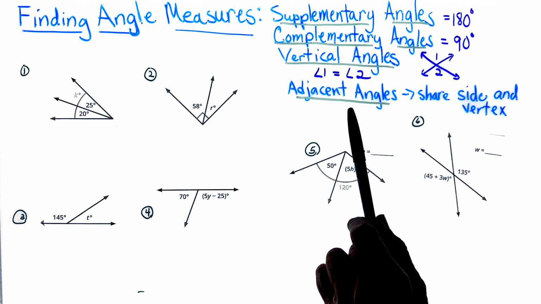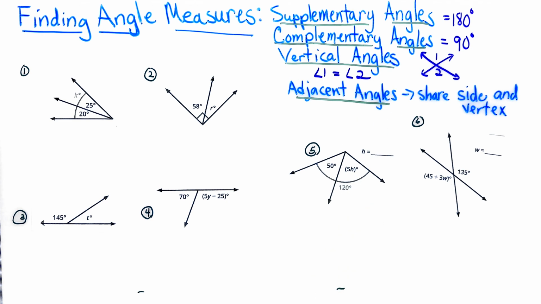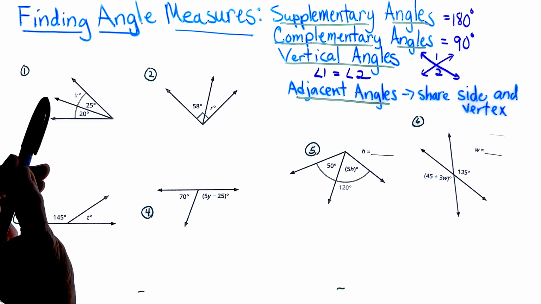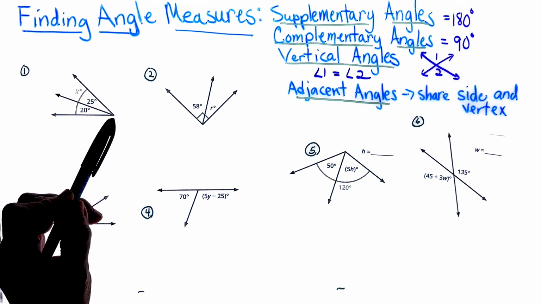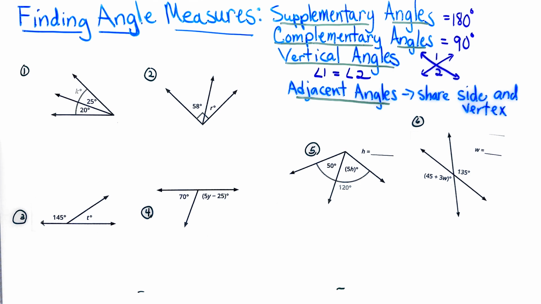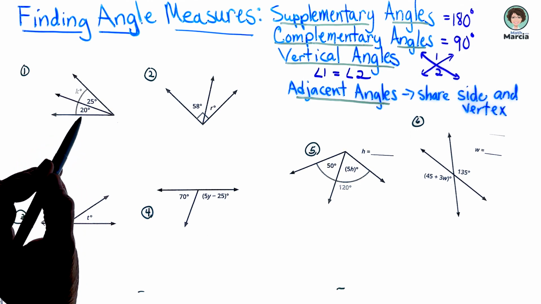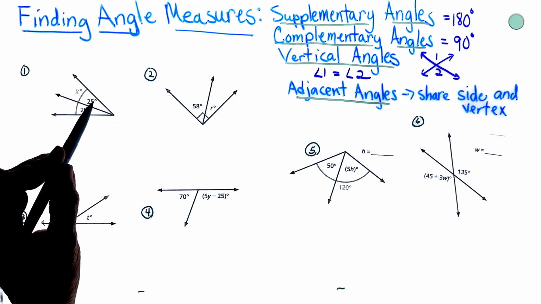They will be marking the adjacent angles as to their size. All right, so let's look at number 1. This is actually a pair of adjacent angles. Notice they share this ray, the side, and this point. They want us to find how big those two angles are when they're added together.